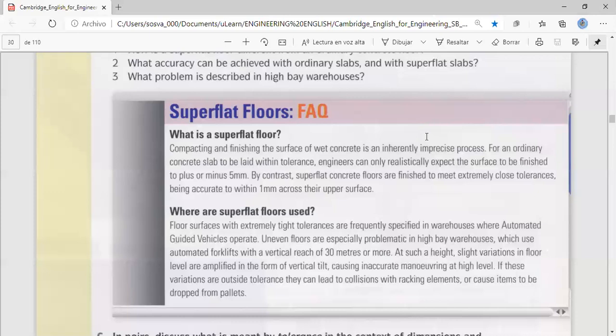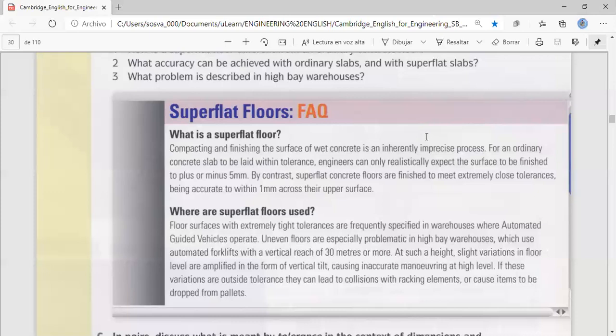Then the second paragraph has a question. It says, where are super flat floors used? You were asking what we are talking about, houses, buildings. Actually, super flat floors are used in something you might know as a warehouse. I don't know if you've heard the word warehouse.